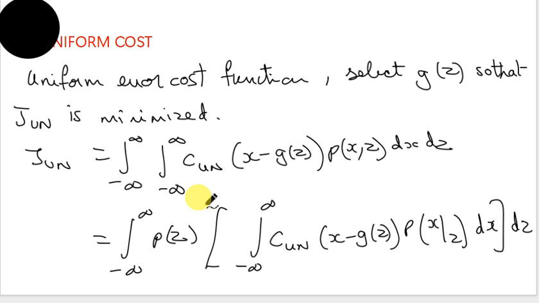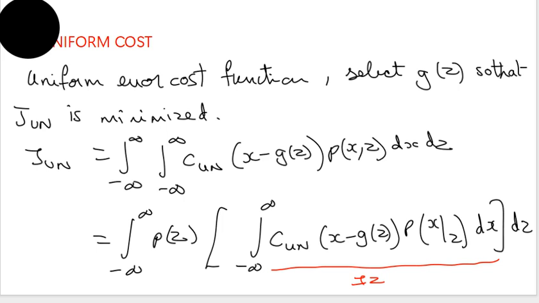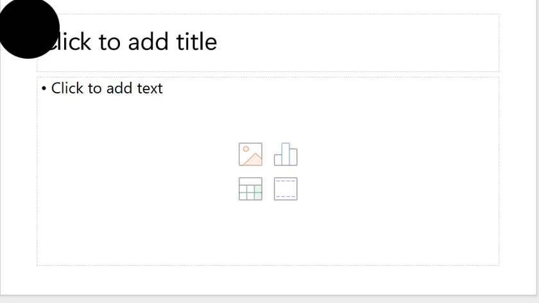Whatever is inside this bracket, let me take it as I of z. If I take this as I of z, what happens when we start solving?